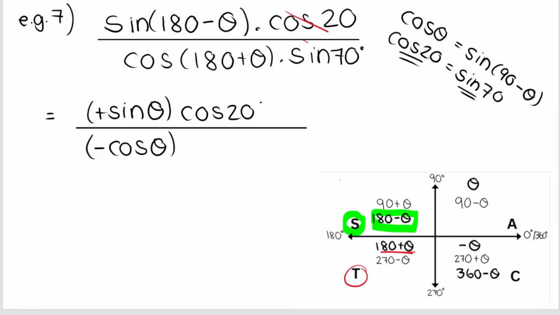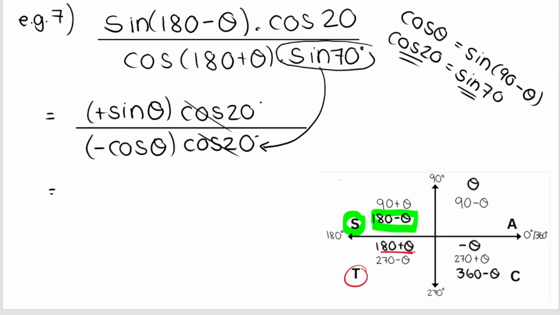So yes, you technically can cancel these, but to show your teacher that you have understanding of cofunctions in your test, I want you to pick one of them and transform it into the other. So what I'm saying is cos 20 is my numerator. So we're going to show the teacher, or me, I'm the teacher, you're going to show me that you understand that sin 70 is the same thing as cos 20. So you're just turning that into that because they are the same, and then we can cancel those.